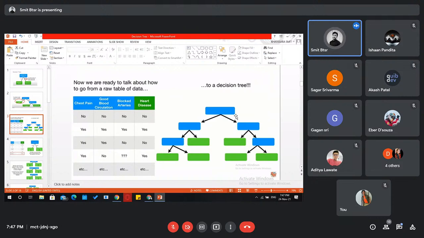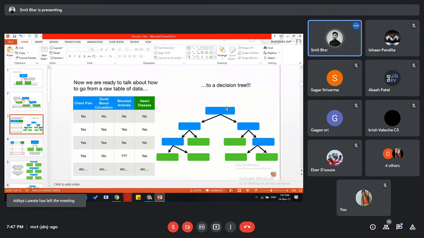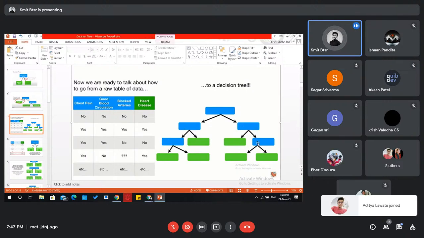First, let's get comfortable with the nomenclature. I am referring to this whole thing as a tree. The first question, or the first box, we refer to as the root, because everything starts from there. Then the other boxes, these blue ones, except the first one, all four boxes, 1, 2, 3, and 4, are called intermediary nodes.